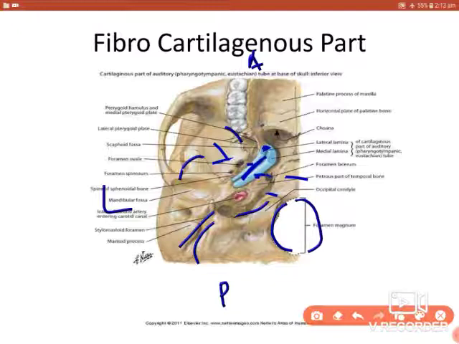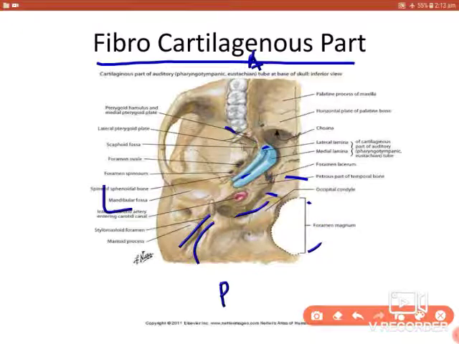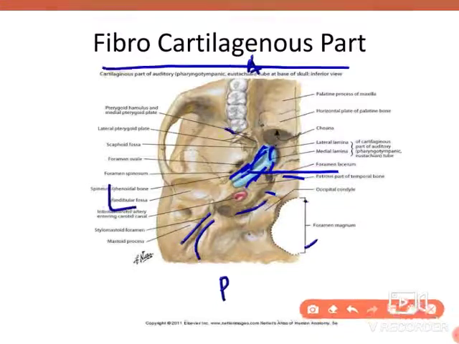That gap is filled by a fibrous membrane. So this cartilaginous part is also termed a fibrocartilaginous part, and this cartilage is of elastic type. Then it directs downwards, forwards and medially through this groove, then passes anteromedially to the nasopharynx.